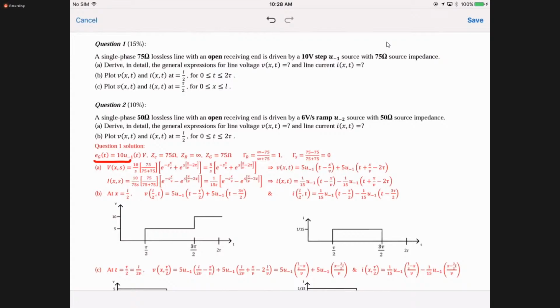It's a 10 volt step wave. The characteristic impedance is 75 ohm. Open at the receiving end, so the receiving end is infinite. Source impedance 75 ohm.